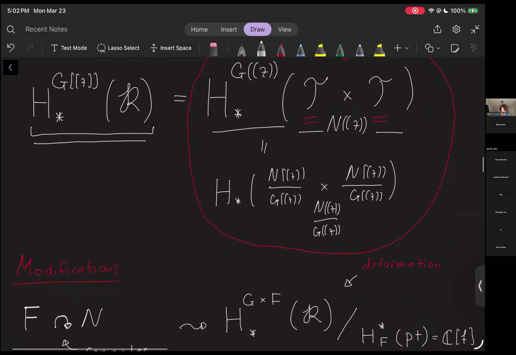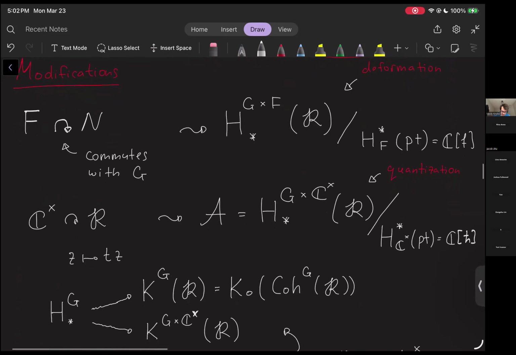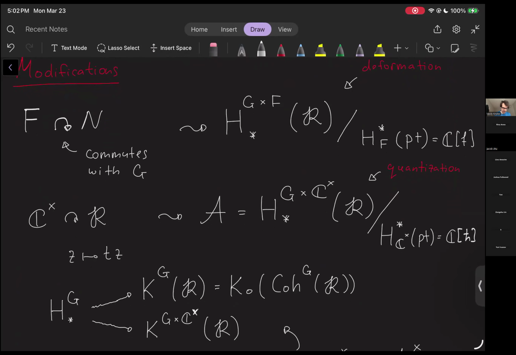Okay, so that was the Coulomb branch, and there are various modifications of this construction. Let me just mention them. Namely, whenever we have some torus F that acts on N and commutes with G, then we can consider the same equivariant homology, but add F into the picture.